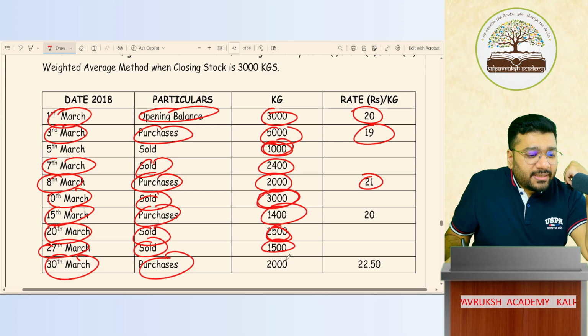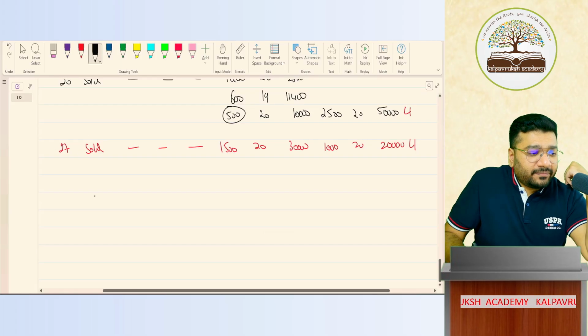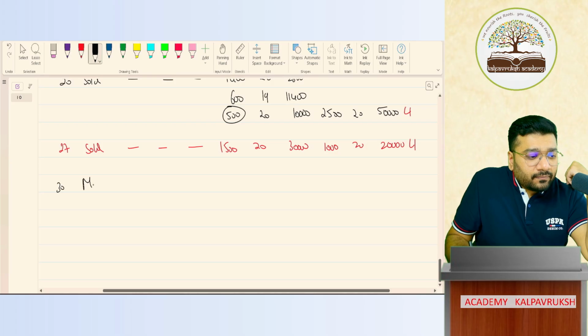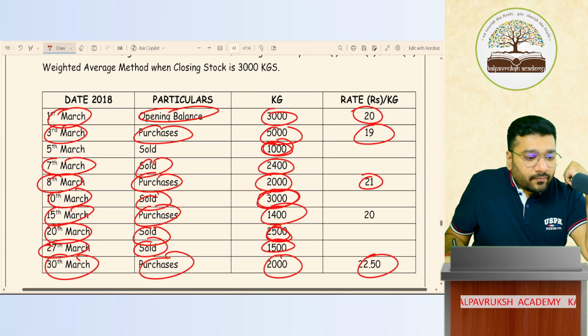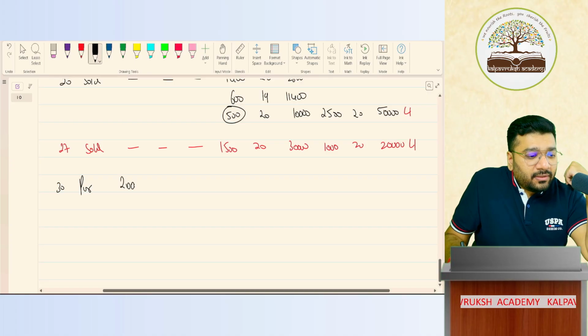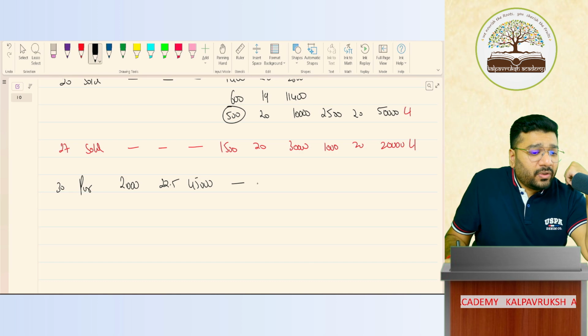30th March, purchase 2,000 into 22.5. You said 45,000. Quantity how much? 1,000 into 20, which is 20,000 of lot 1.